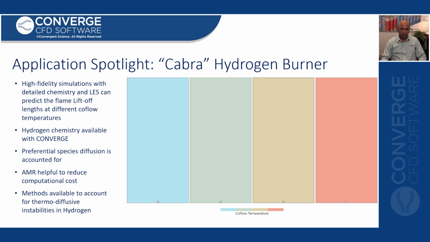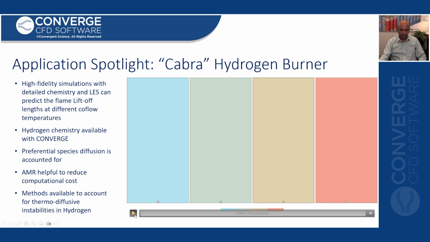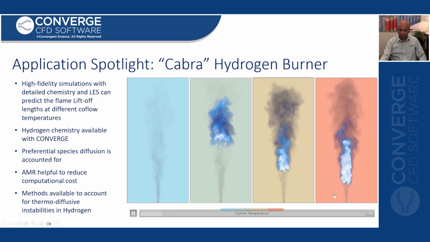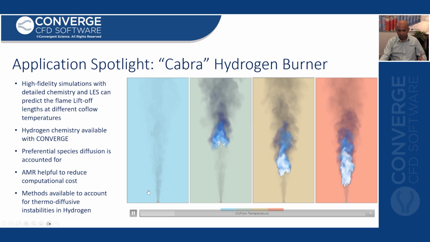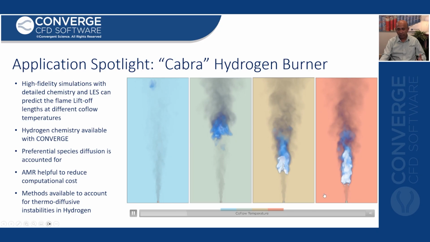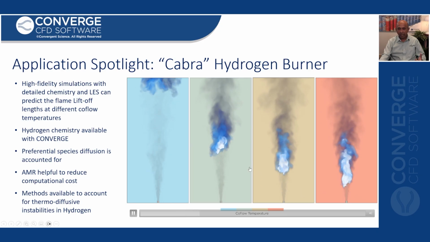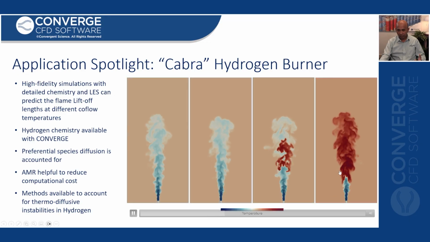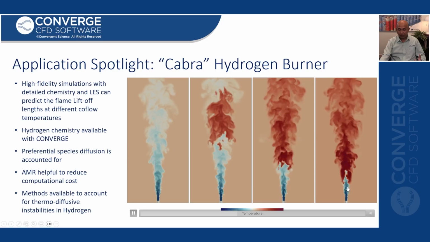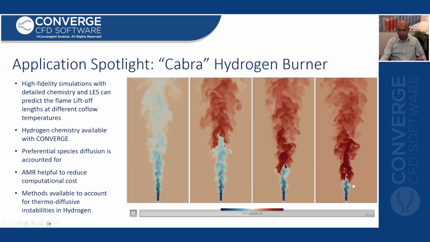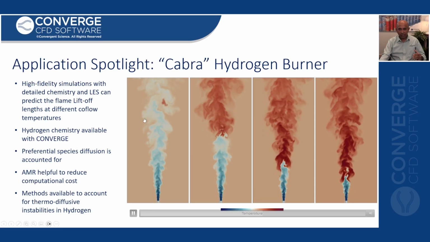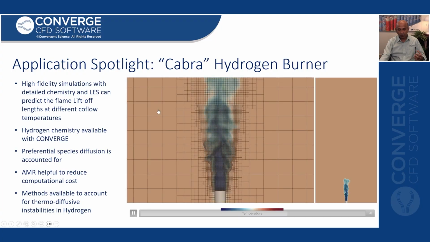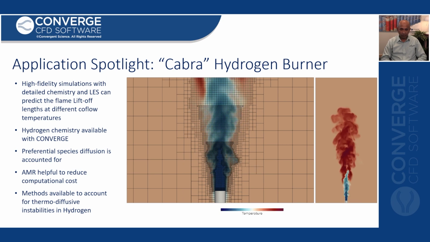Here's another hydrogen burner case that we worked on under different core flow temperatures. So you can see on the left you have the coldest core flow temperature. On the right you have the hottest core flow temperature. Now the flame liftoff is different. So you can see it ignites on the right hand side really quickly, and the flame liftoff length is the shortest, whereas on the left hand side where the core flow temperature is the lowest, the flame liftoff is really high.